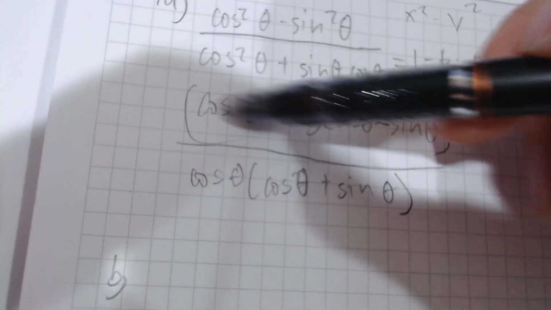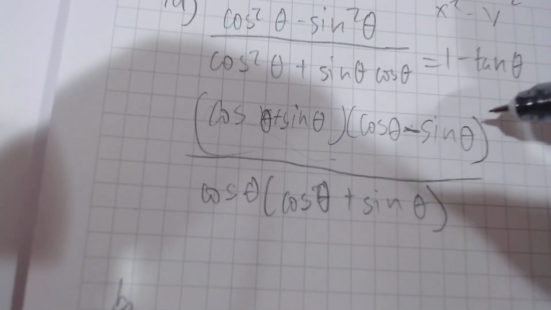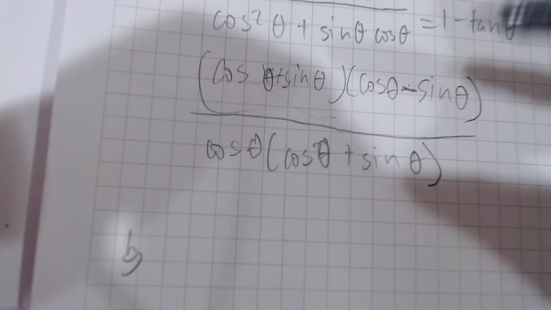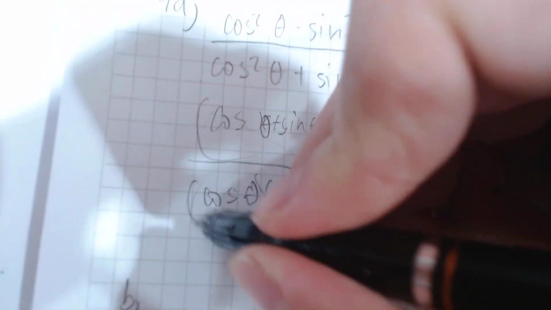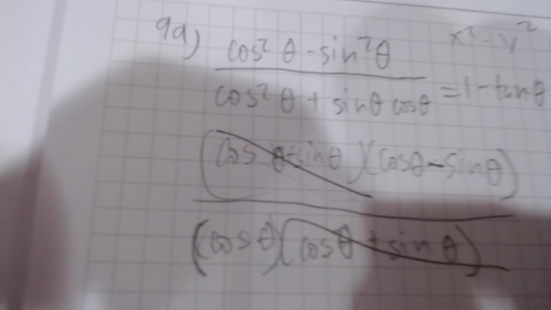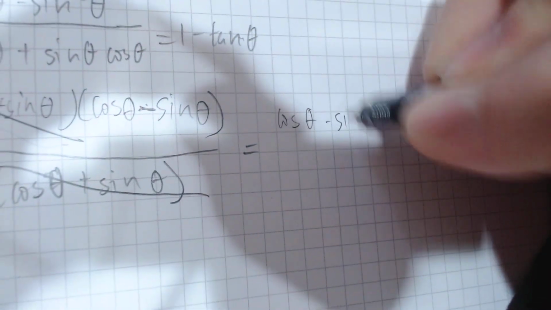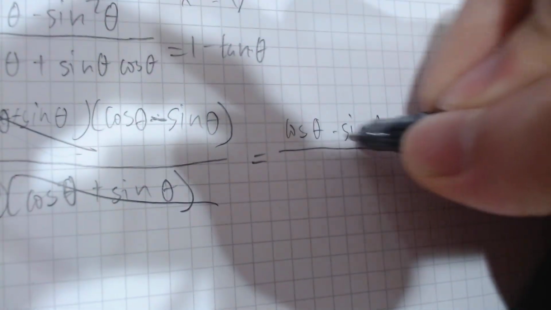And clearly you can tell that these two cancel out. Cos theta plus sine theta multiplied by cos theta subtract sine theta, over cos theta multiplied by cos theta plus sine theta. These are all multiplications, so you can just cancel this out and cancel this out. If they're not multiplication, then you can't. It's just a rule. So then you end up with this.